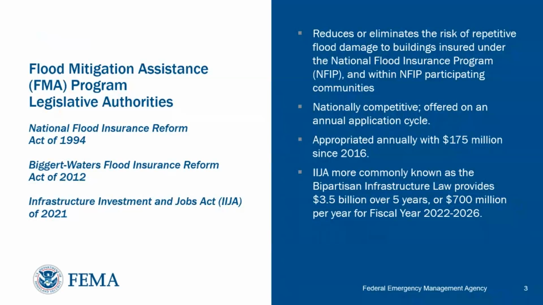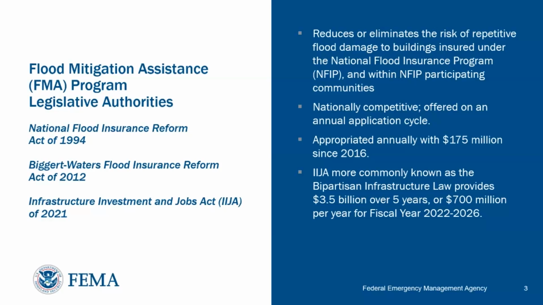The Flood Mitigation Assistance Program was authorized by the National Flood Insurance Reform Act of 1994, strengthened by the Biggert-Waters Flood Insurance Reform Act of 2012, and further strengthened by the Infrastructure Investment and Jobs Act of 2021. The mission of the program is to reduce or eliminate the risk of repetitive flood damage to buildings insured under the NFIP, or National Flood Insurance Program.